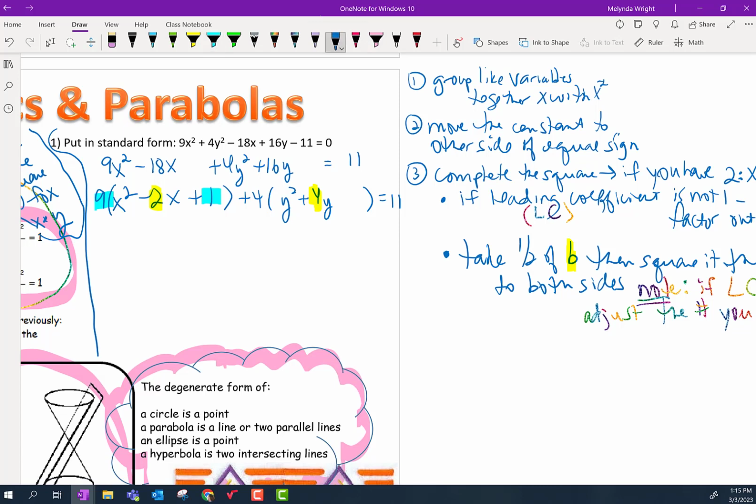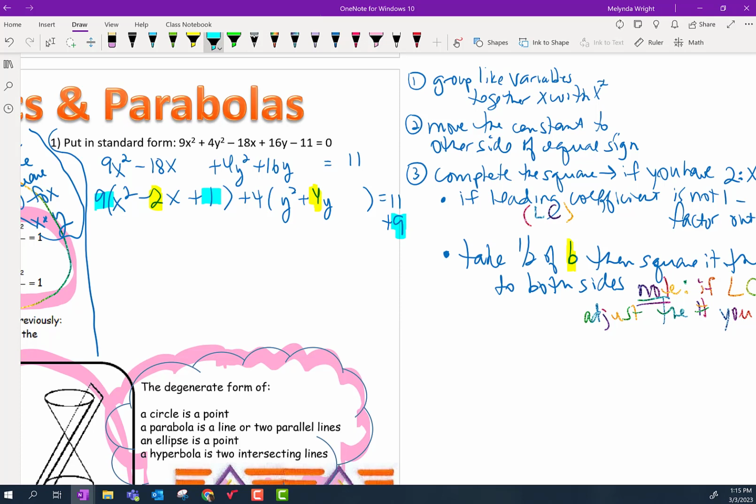So I'm actually going to have to add 9 over here. That's what I mean by adjusting it. It looks like I'm adding 1, but I'm really not just adding 1. How did I change the value of the left side of the equation? I changed the value by 9. I added 9 to that side. I know it doesn't look like that, but we need to be clear.